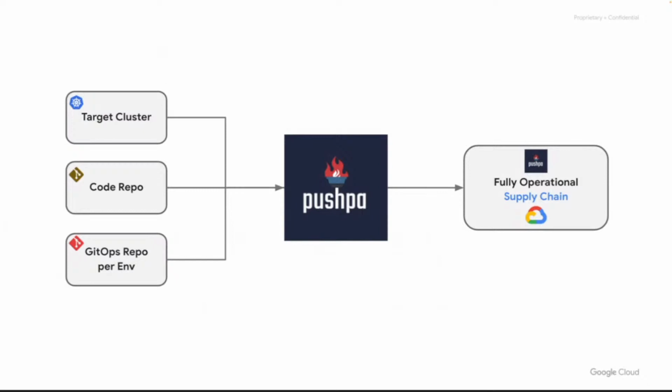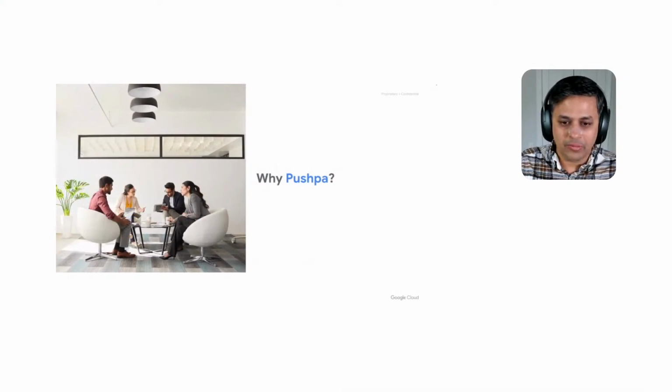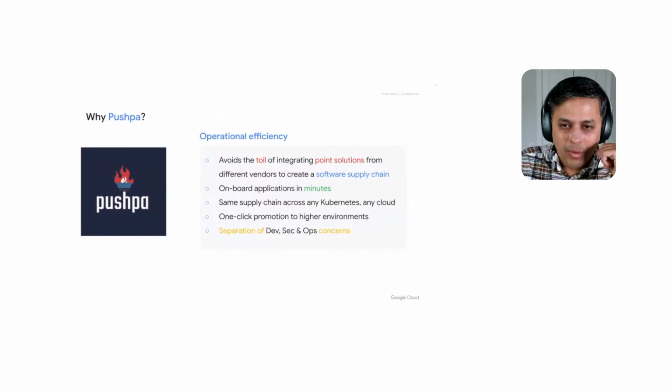Let's take a look at the benefits that Pushpa offers. So why do we think that this solution will actually help enterprises better than something that they are trying to implement? The number one aspect that we think is going to help enterprises is the operational efficiency of Pushpa.